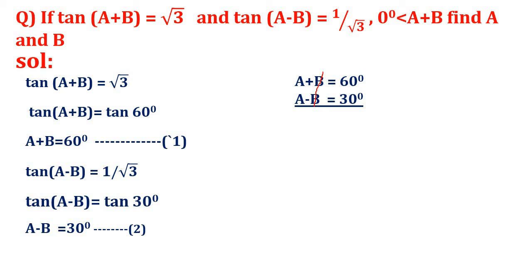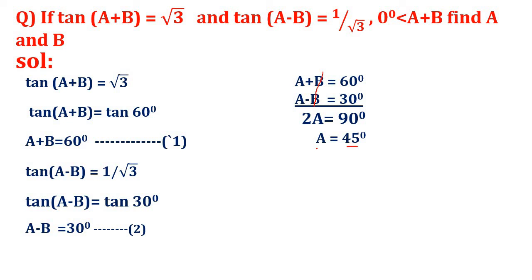We can eliminate any one of the variables which is in opposite sign. Therefore 2A is equal to 90 degree. A is equal to 90 by 2, it becomes 45 degree. So this is angle A is equal to 45 degree.